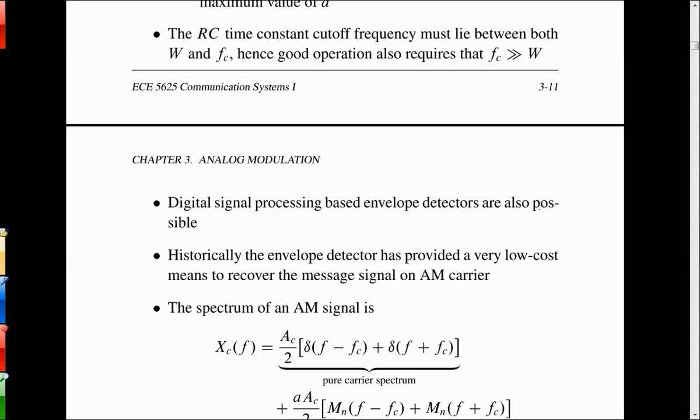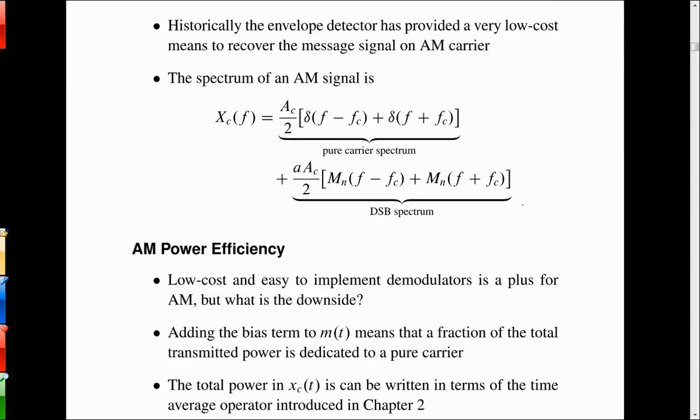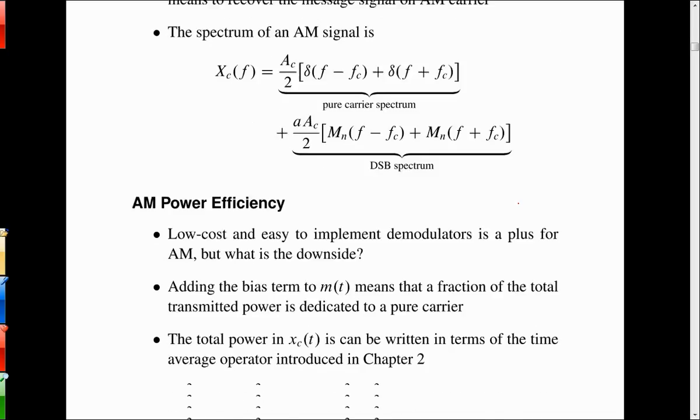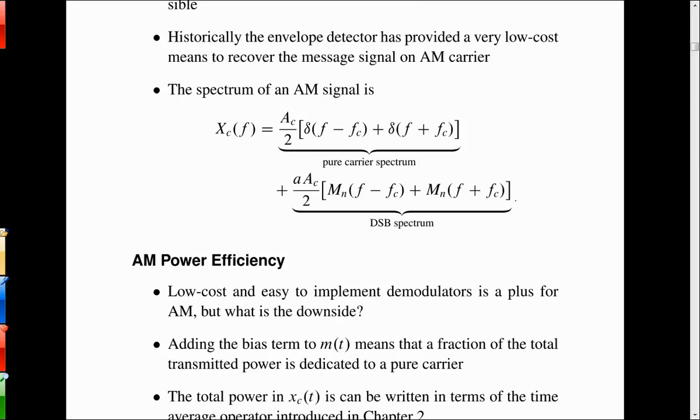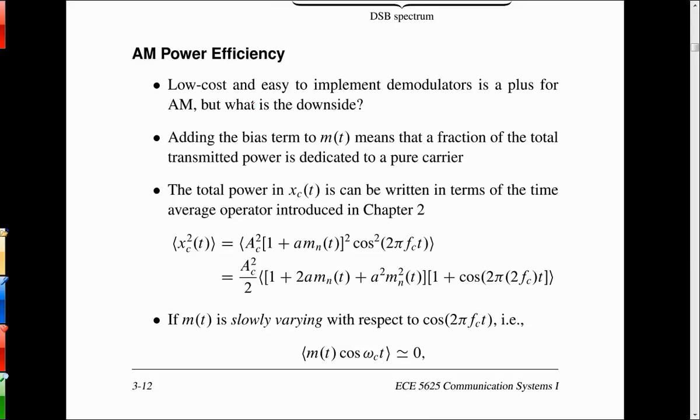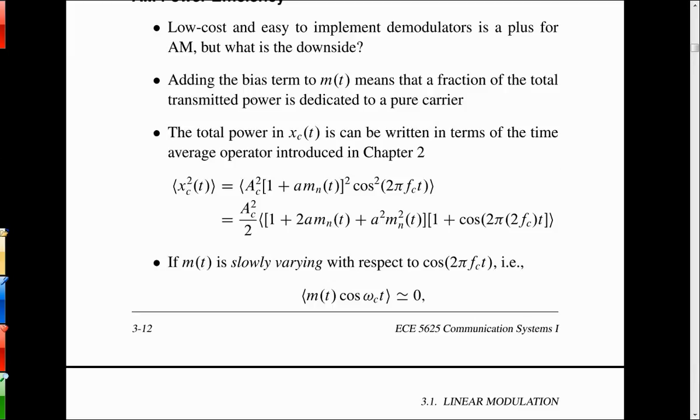Okay, so one of the things about AM is the fact that a lot of power goes into this pure carrier. And in order to work problems in that domain, we have to do some analysis. We have to know what all the power is transmitted in the AM signal.